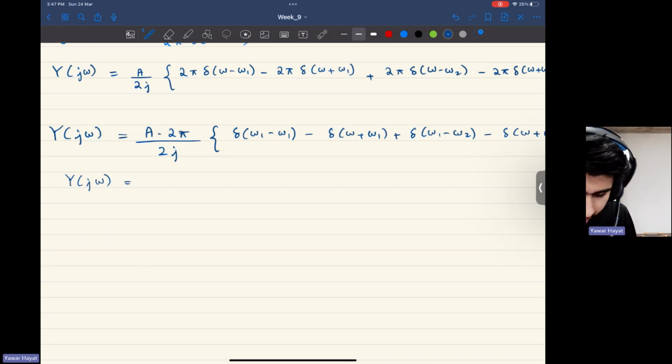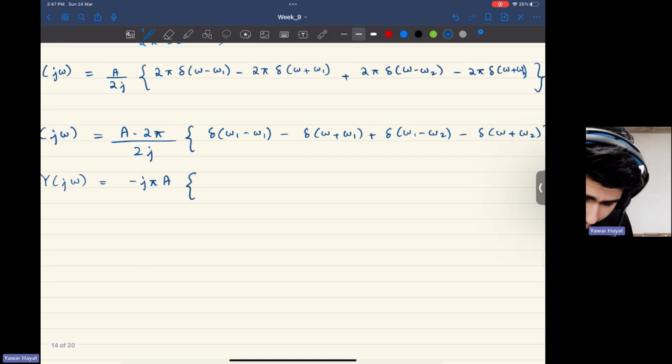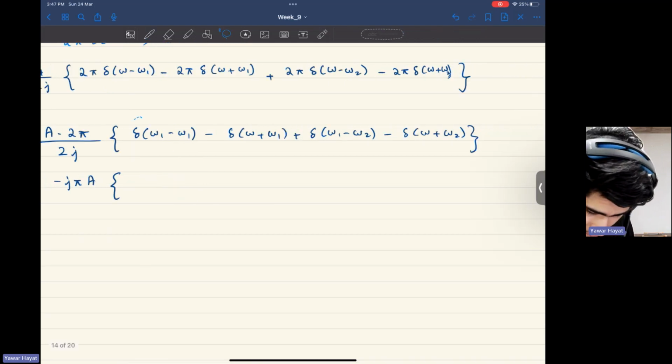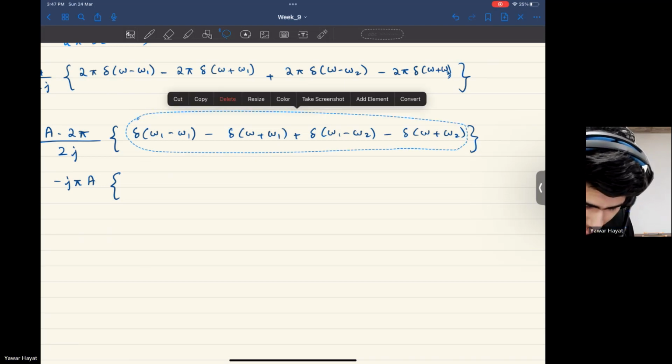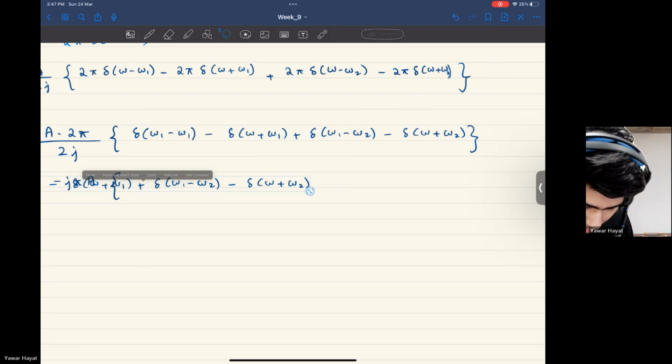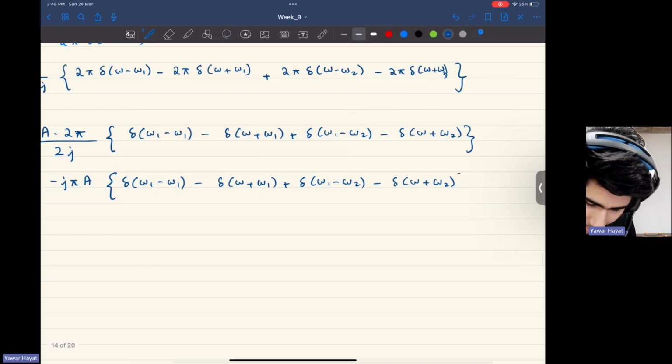I'll take into the numerator, writing it as minus j by a, right? And then I'll have this a and paste it. Saves the time.